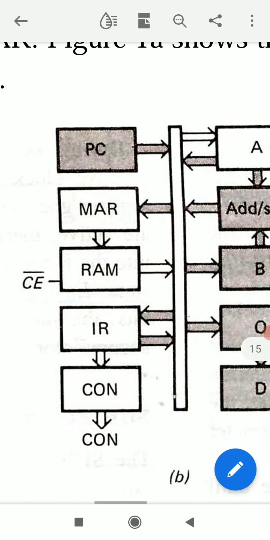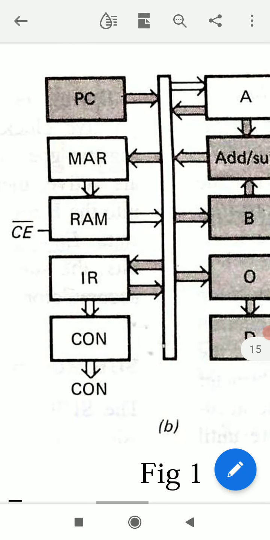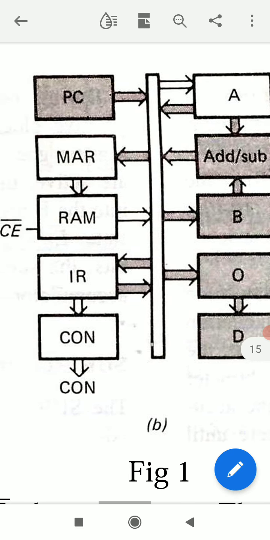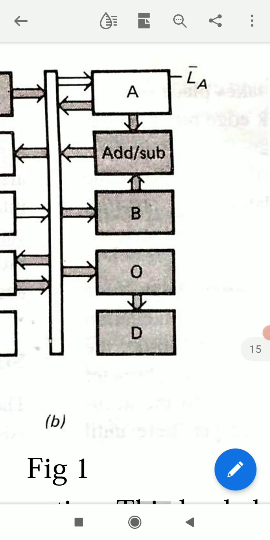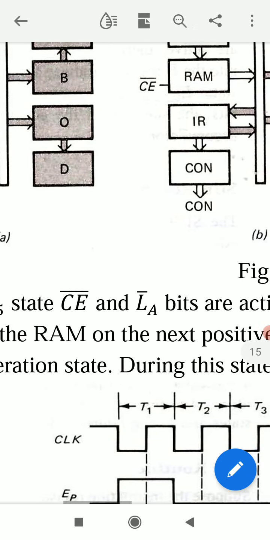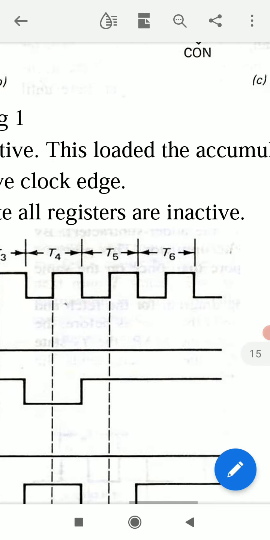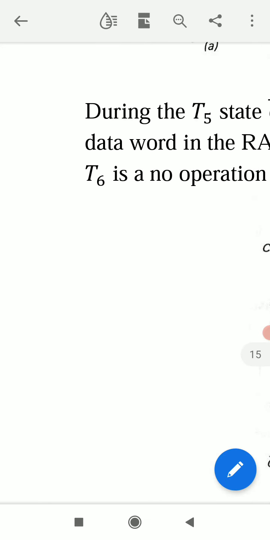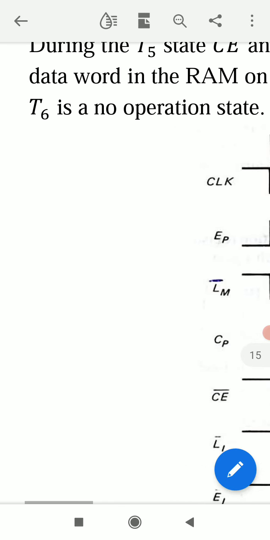In this T5 state, these parts are active: MAR, RAM, IR, CON, and A accumulator. And active bits are CE bar and LA bar. This loads the accumulator with the addressed data word in the RAM on the next positive clock edge.